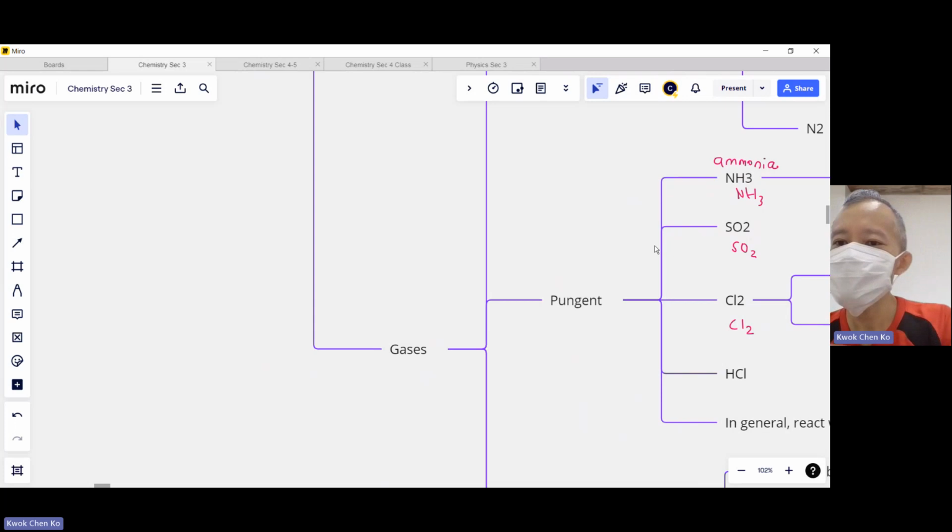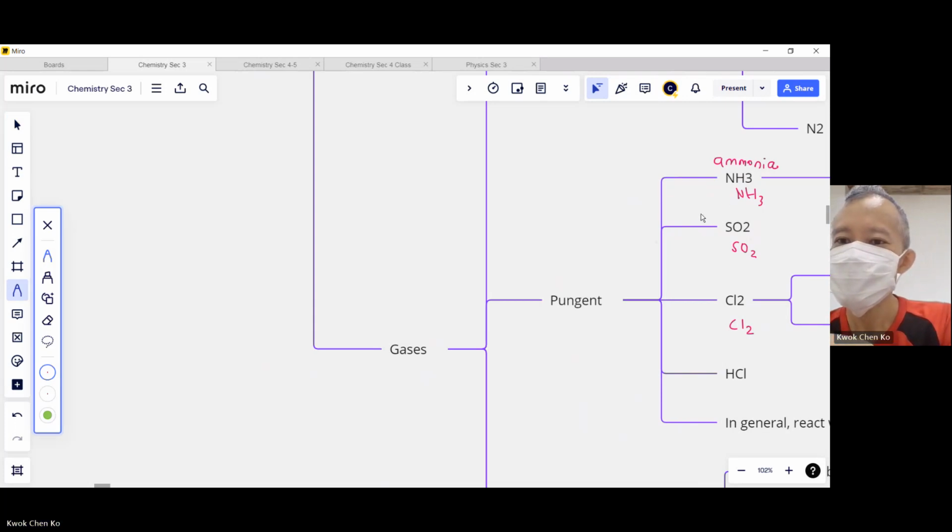Okay, SO2. What's the full name? Sulfur dioxide. Good. Cl2? Chlorine gas. HCl, hydrochloric acid. This one is tricky. You better note down.